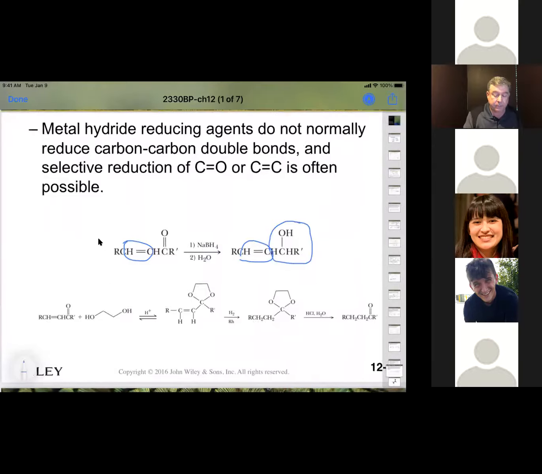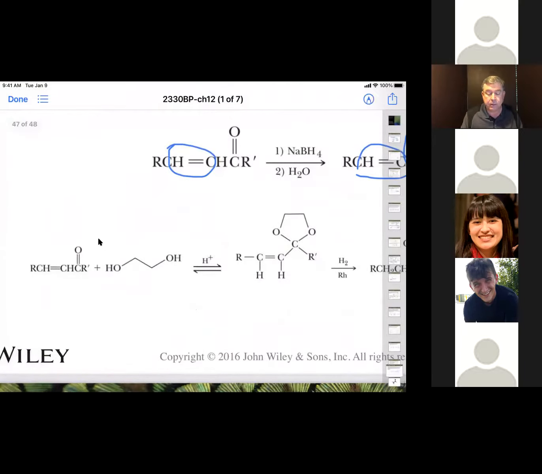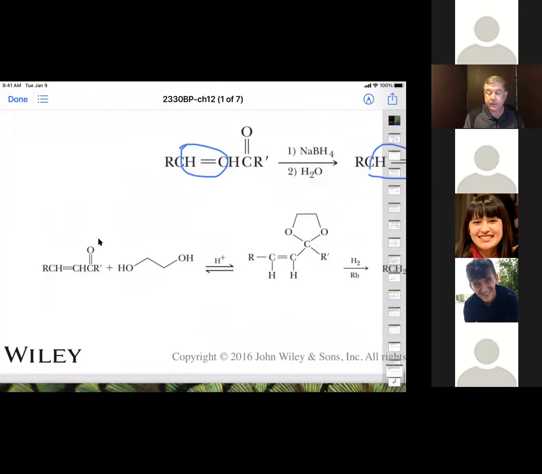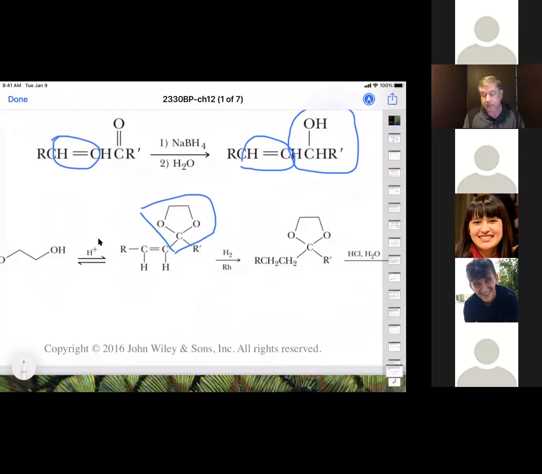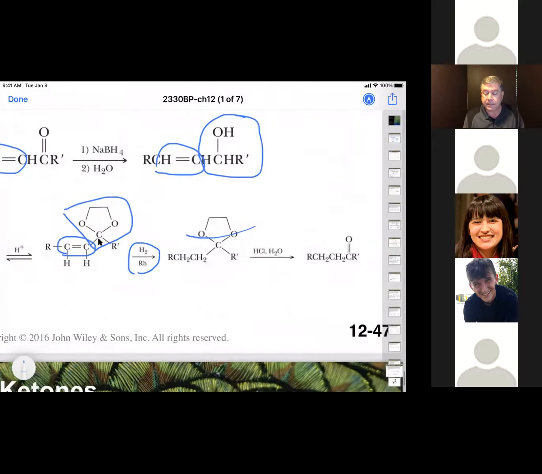So in that case, if we wanted to keep the carbonyl but not the alkene, we would have to first take the carbonyl nature out of our carbonyl by turning it into this acetal, our ether. Now we can do our palladium, or in this case, rhodium on carbon, and reduce down our alkene, and then clip off our acetal to regain our carbonyl.